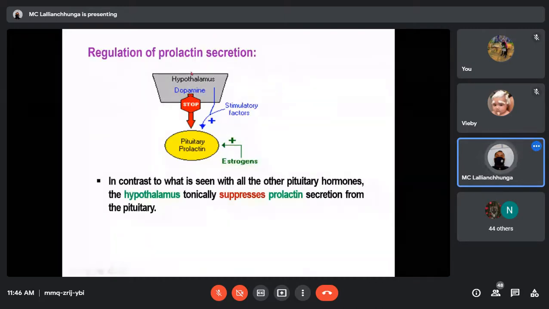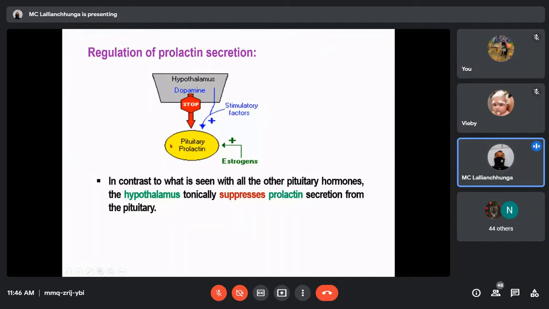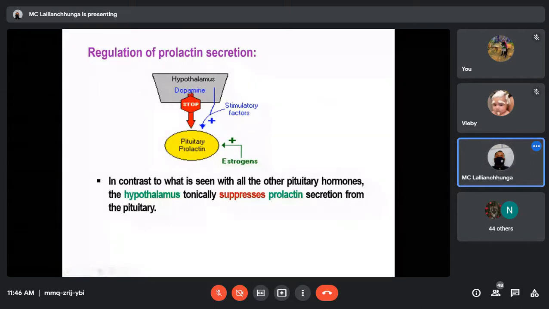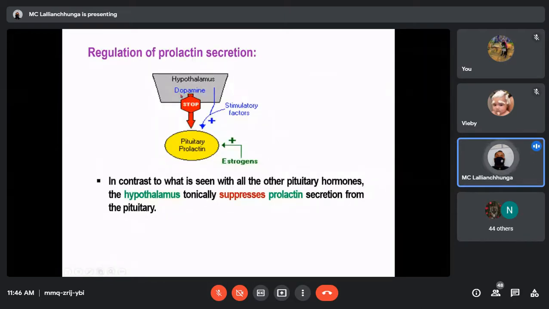When there is high production of dopamine from the hypothalamus, it will suppress the lactotropes from producing prolactin. When there is a decrease in dopamine secretion, prolactin secretion can increase.